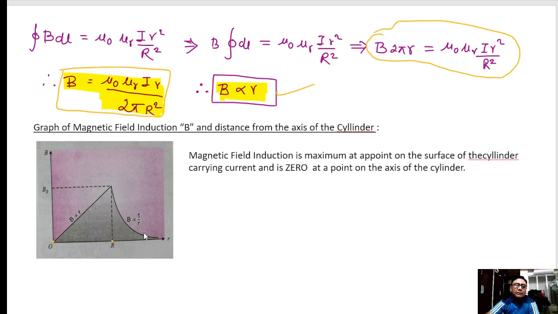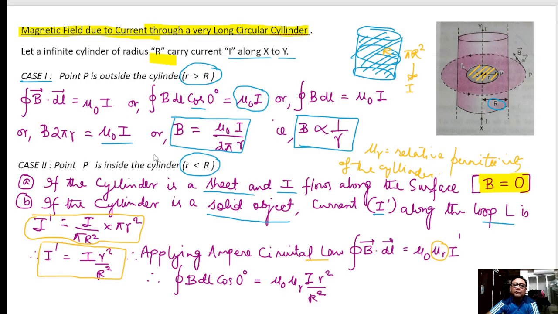And outside, the magnetic field formula is mu 0 I by 2 pi r, so B is inversely proportional to r.